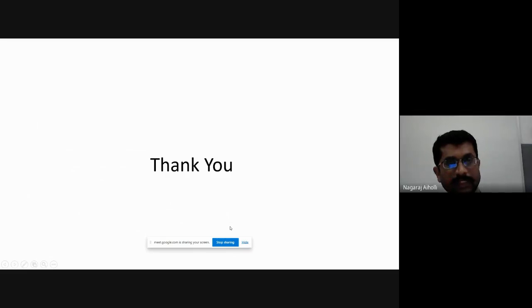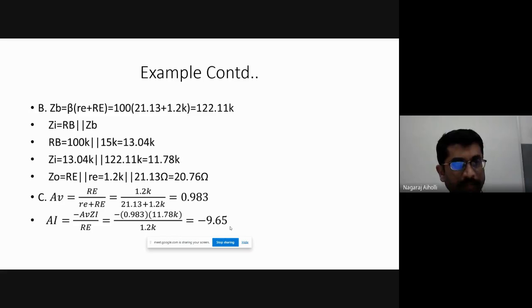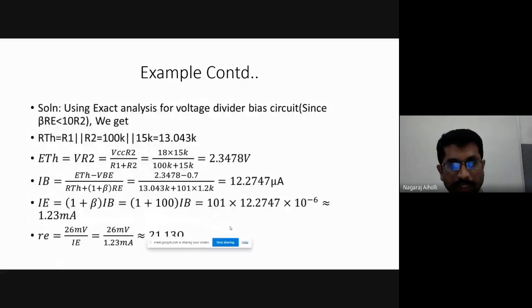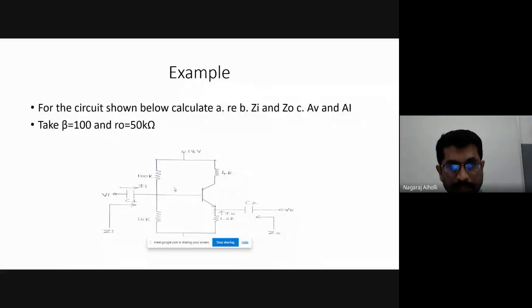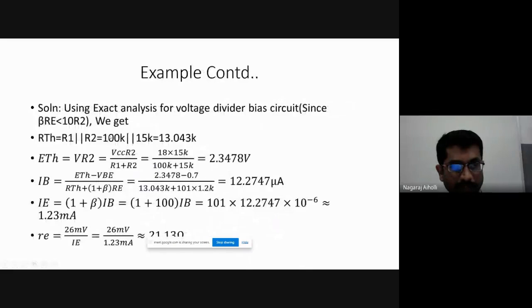So these are the various performance parameters, for which circuit? Emitter follower using collector resistor. We obtained the values of re, AC resistance, input impedance ZI, output impedance Z0, voltage gain AV, and current gain AI. What are the formulas here? Formula for re is 26 millivolt by IE.